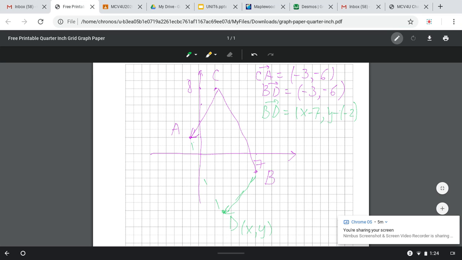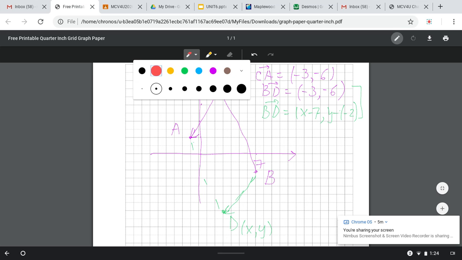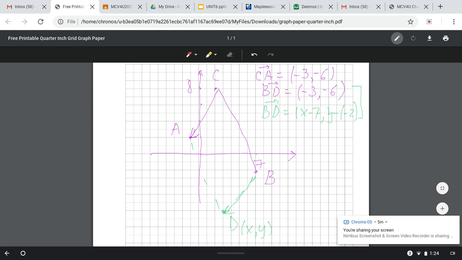Now I can use these two expressions and equate them in order to get unknown. So components -3 and -6 are equal to x minus 7, y minus -2.